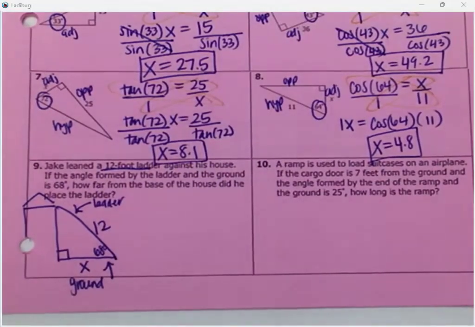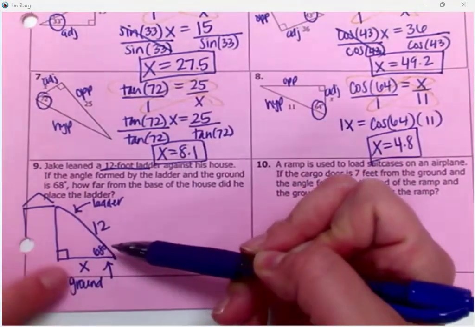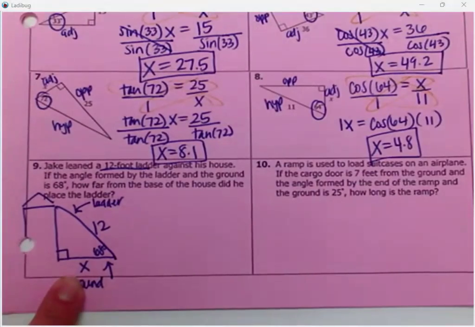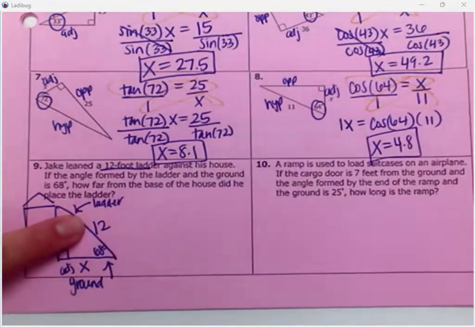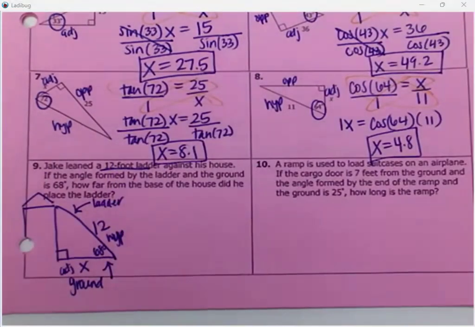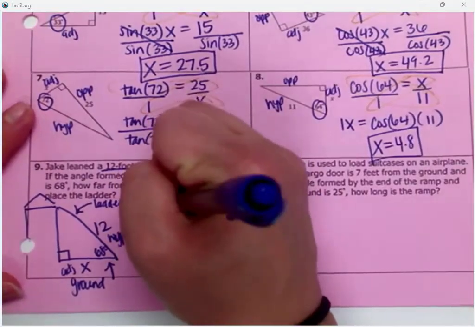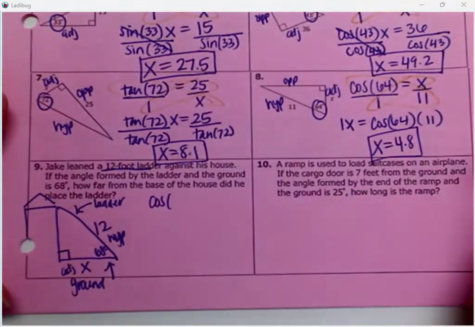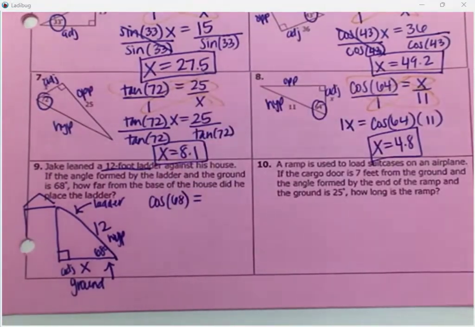Are we okay? Now, based off of this angle, what would I label this side? Adjacent. What would I label the 12? Hypotenuse. So, am I using sine, cosine, or tangent? If I have the adjacent and the hypotenuse, cosine. So I have the cosine of what angle? 68 equals, how do I set up the ratio?